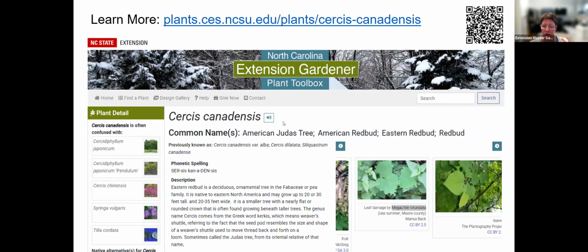If you press that, it'll tell you how to pronounce the name. So I encourage you to learn more about Cercis canadensis. There are lots of great pictures, things it could be confused with when you're trying to identify it, and some lists of alternatives. Lots of wonderful information there about our Eastern Redbud and other plants.